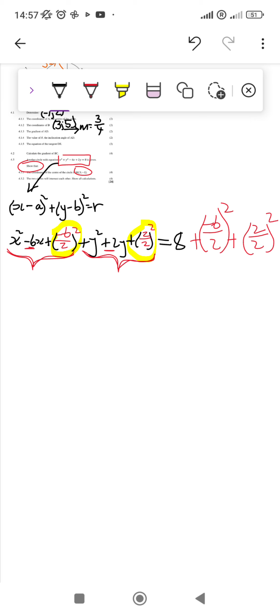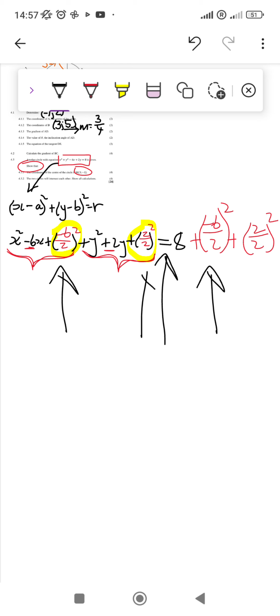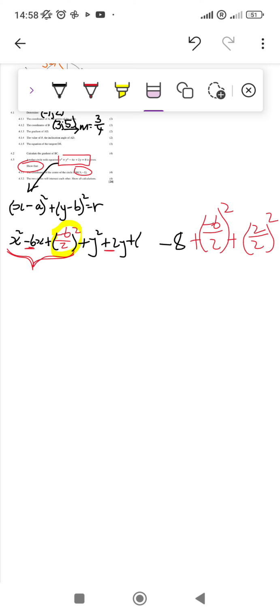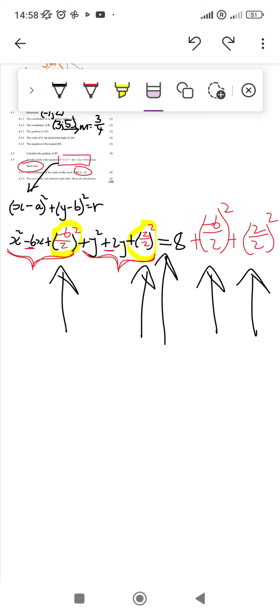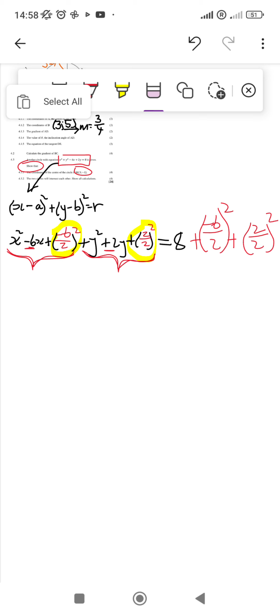I'm doing it slightly differently here because it's an equation, because it's equal to something. I can add the same thing on both sides, which is what we've done over here. If I added and subtracted half my middle term squared, then I only do that on one side. Here I'm adding half my middle term squared on both sides.